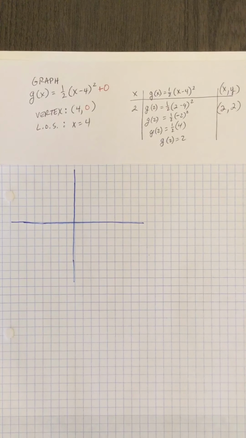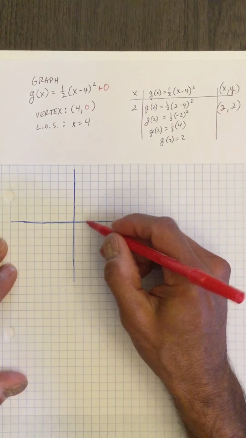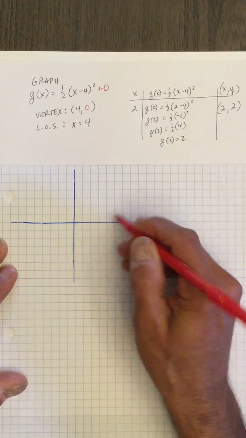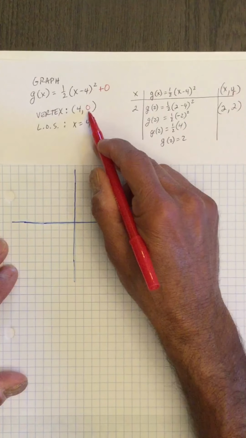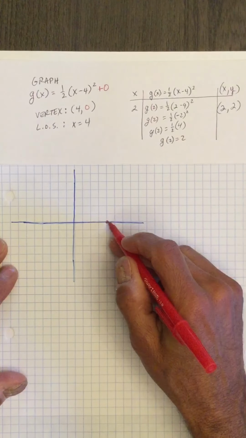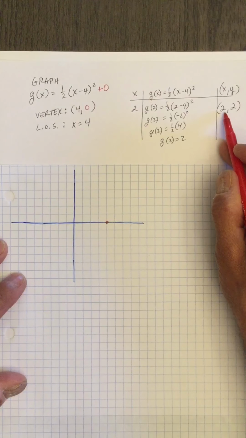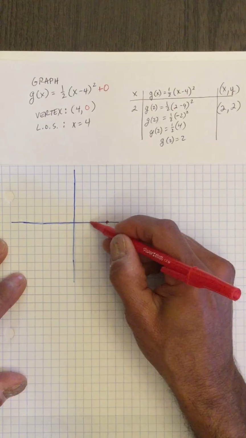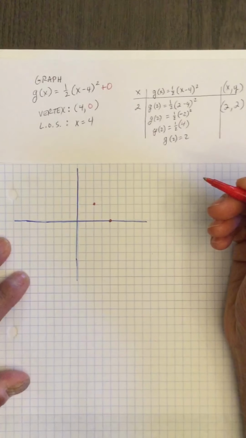So the first thing you want to do is graph the vertex. It's at (4, 0). So that's 4 to the right, 1, 2, 3, 4. And you don't go up any, right? It's 4 to the right and 0 up. Now, this says here, I have another point at (2, 2). So if I went 2 to the right and 2 up, that would be right there.